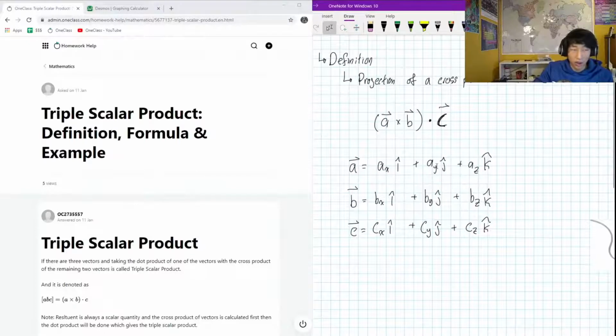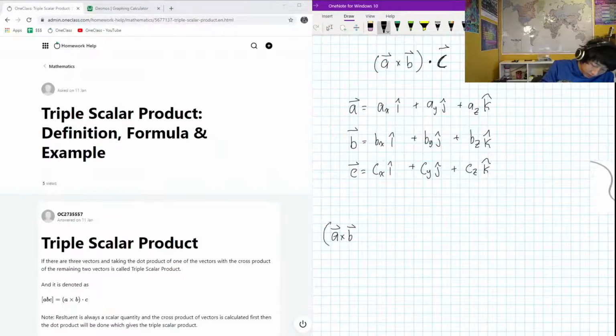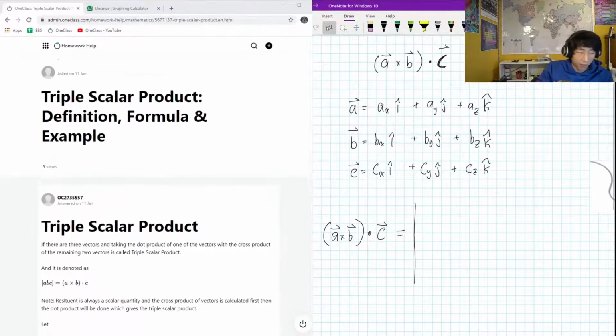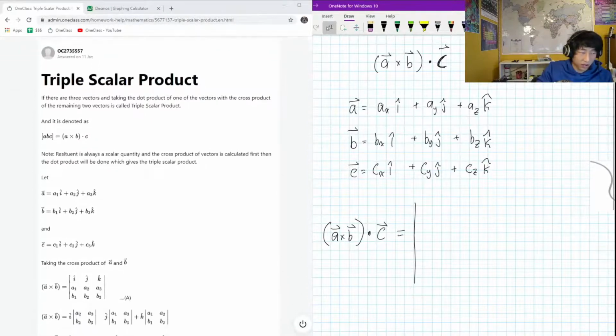Okay, so how we can evaluate this is we could do it with a determinant. If you're not familiar with determinants, don't be worried. I'll show you exactly how this procedure will work. Suppose that we have A cross B dot product C. Essentially, we want to find the determinant, and you write that like this, and you're just going to write out all of your vectors inside here, kind of like a matrix.